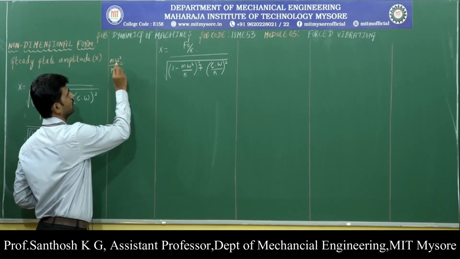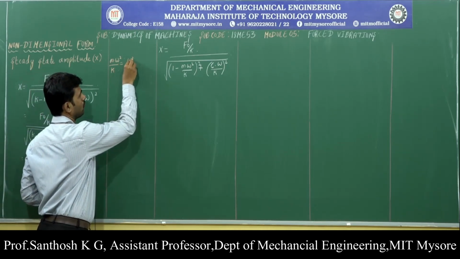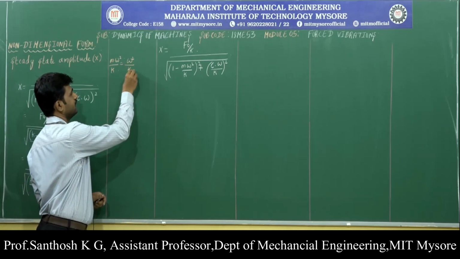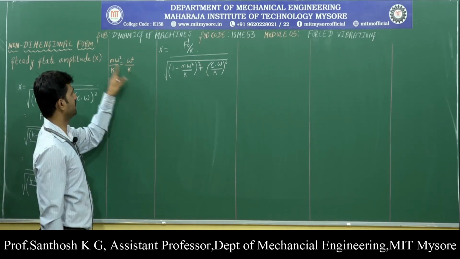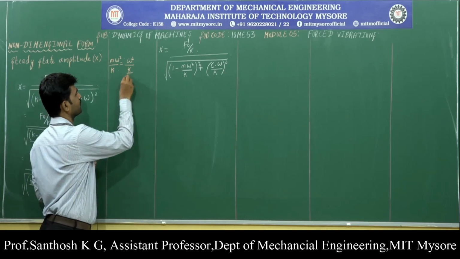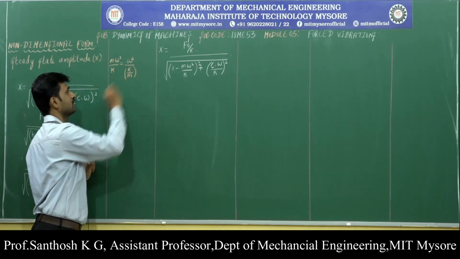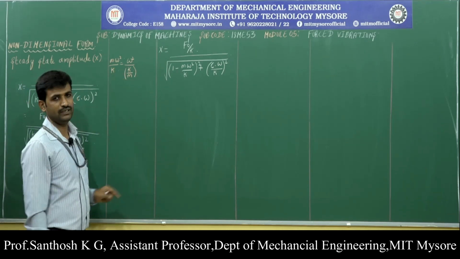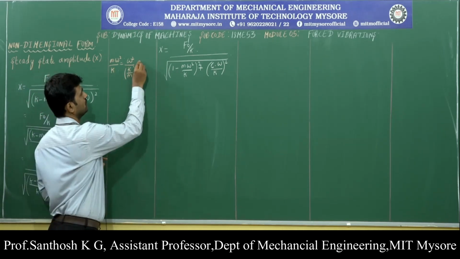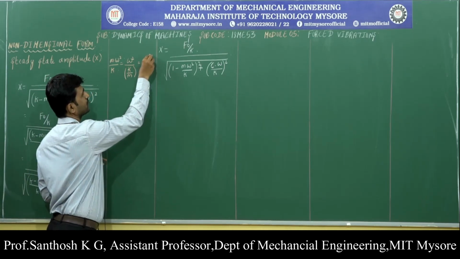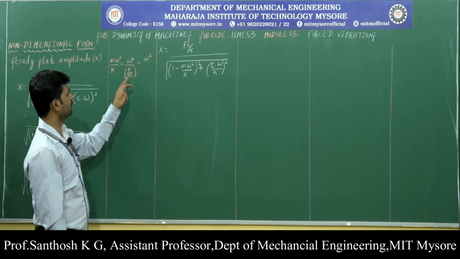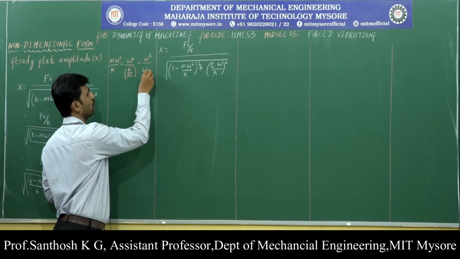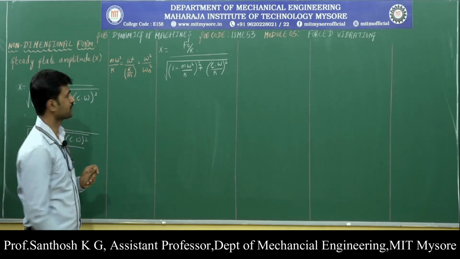I will keep omega square as it is, write k in the denominator, and send this m to the denominator, thereby getting k divided by m in the denominator. So in the numerator I have omega square, and k by m can be written as omega n square.